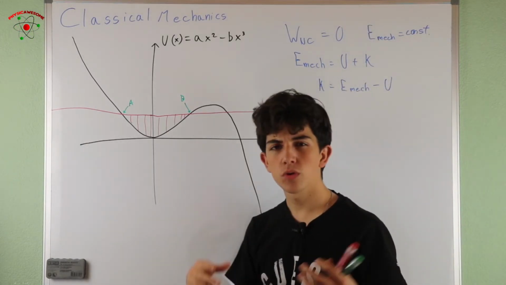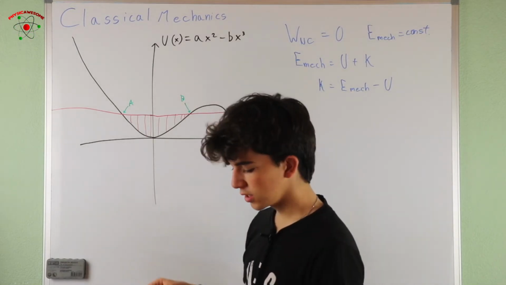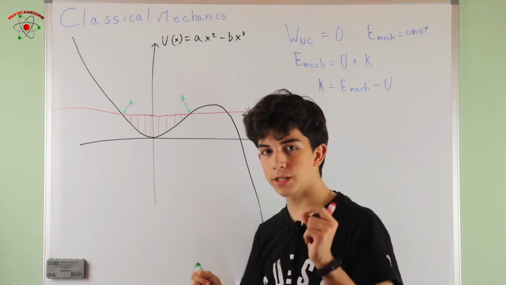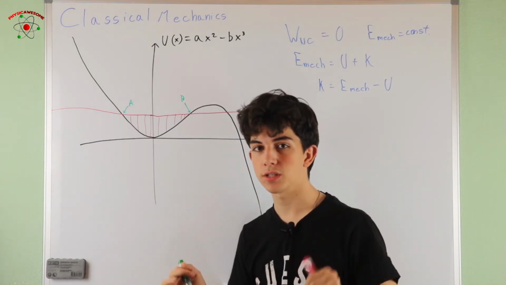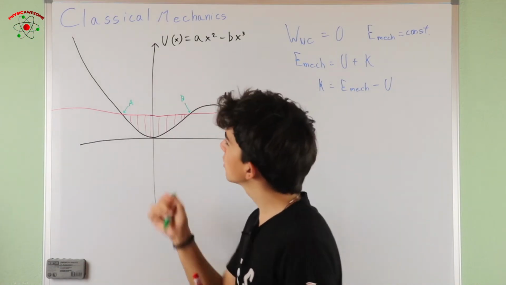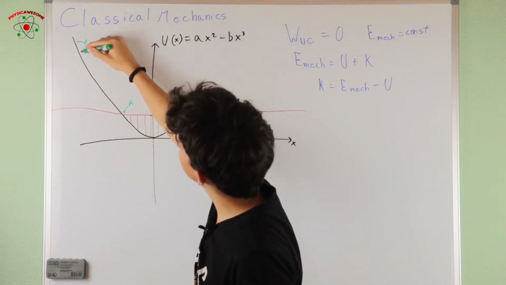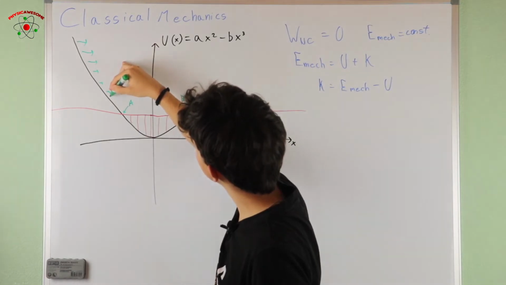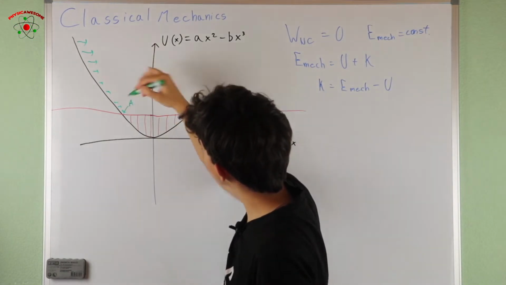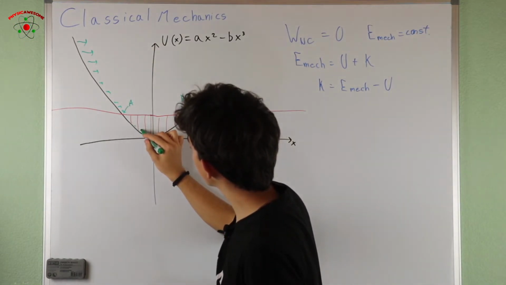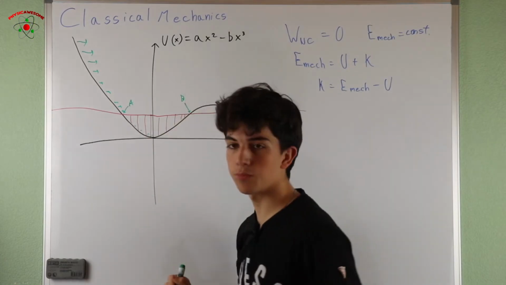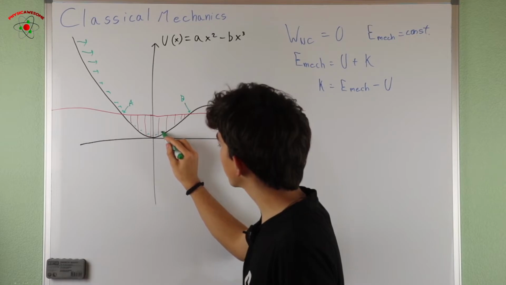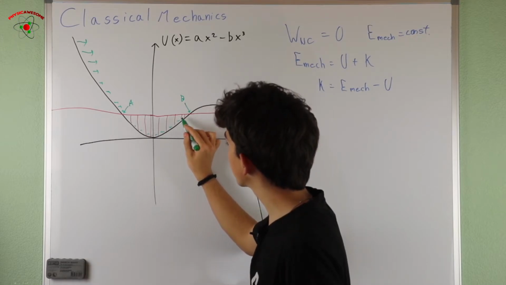So what we understand is that in these graphs, the slope is going to be minus the force. Therefore, this means we're going to have a force over here, a force over here. It's going to be smaller, smaller, smaller, till we reach over here where it's at the smallest value, and then it starts going in the opposite direction.